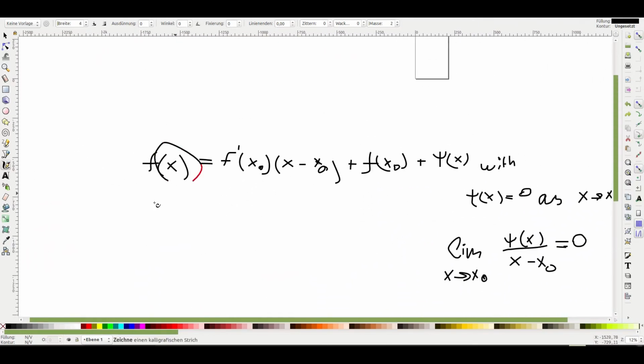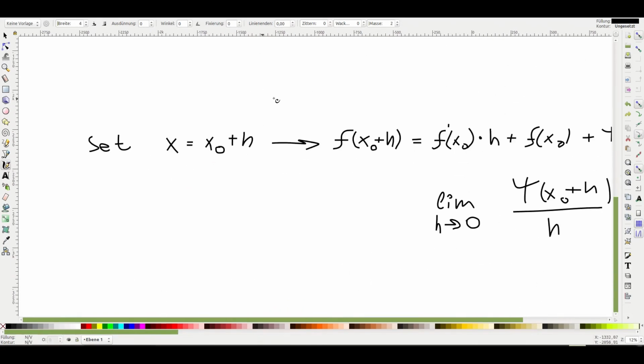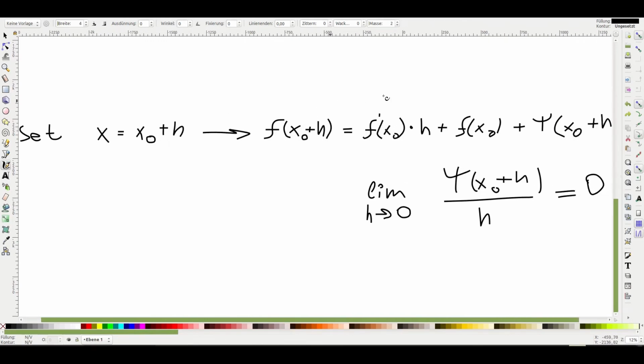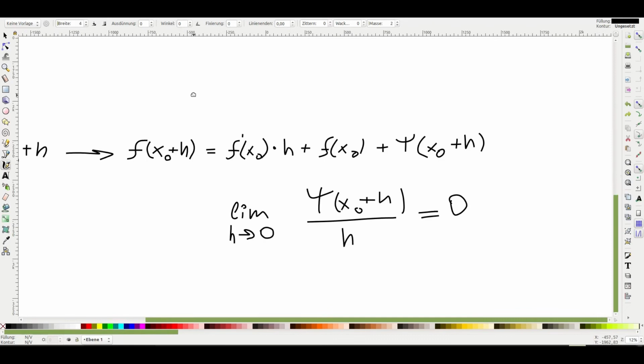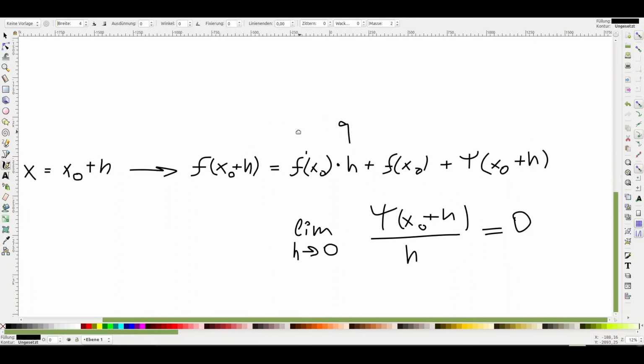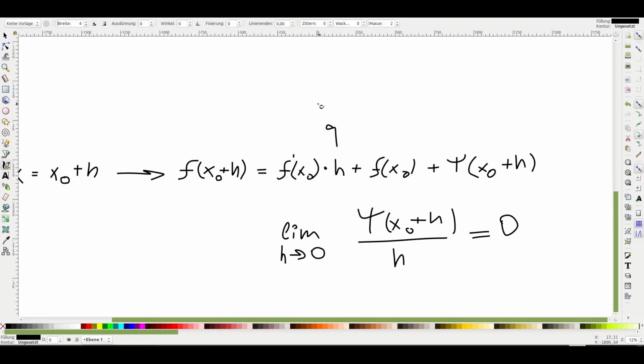So this x here, inside this function, we will redefine to be x0 plus some other number h. Now remember, h is simply x0 plus h minus x0, and this was our x minus x0 before, which gave us h.